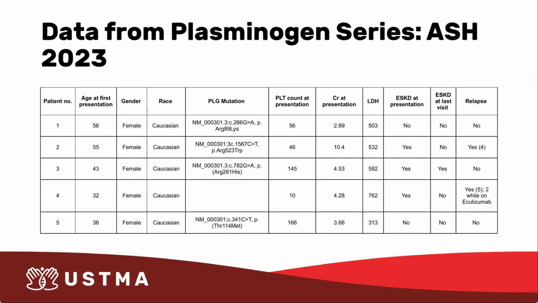So we looked back on our registry to find the entire series, and since that point, we've identified 3 additional patients, all females with varying platelet counts, varying degrees of renal injury, but end-stage kidney disease presentation. But except for one, all these patients are recovering their kidney function. So again, we're seeing this recurrent pattern of kidney injury that's recovering.